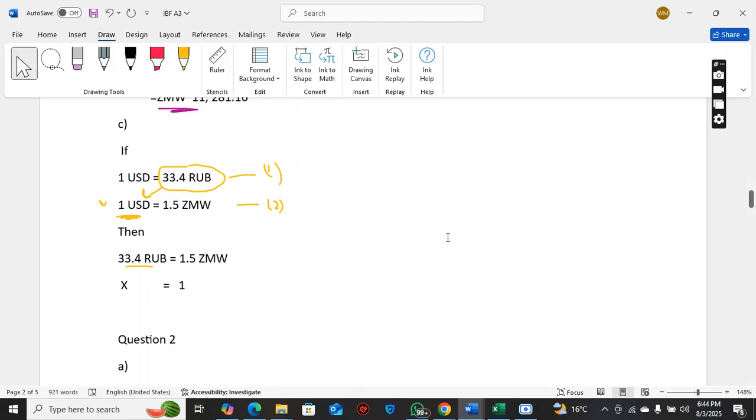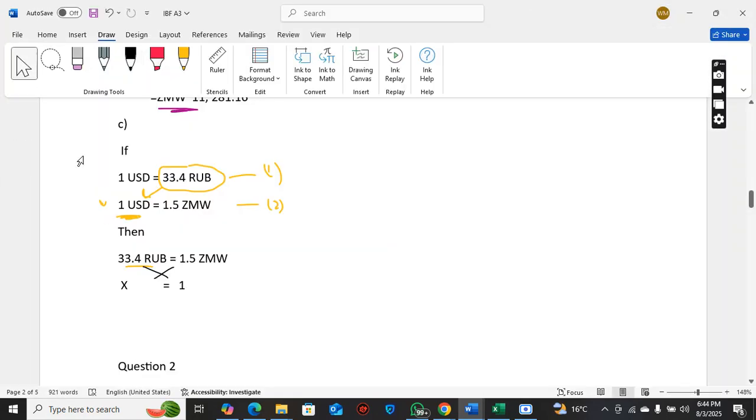It's just a matter of cross multiplying. 33.4 times 1, that is 33.4. 1.75 times x.